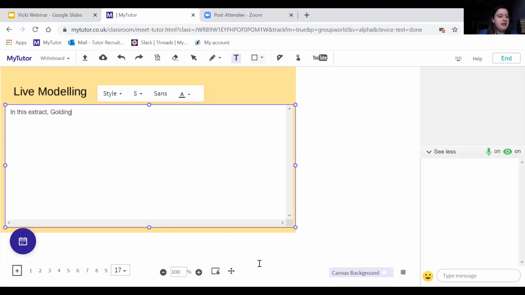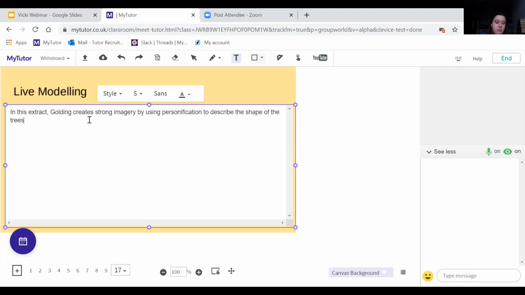So Golding creates strong imagery by using personification to describe the shape of the trees. So I've already got imagery in there and I've got personification in there. So this is effectively my point.